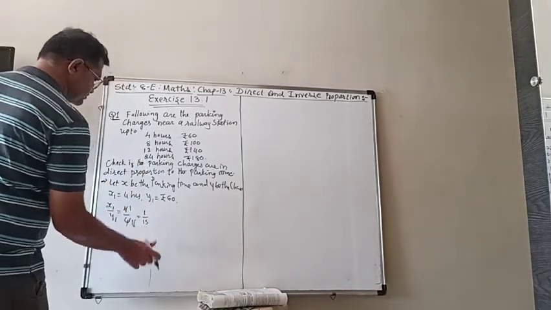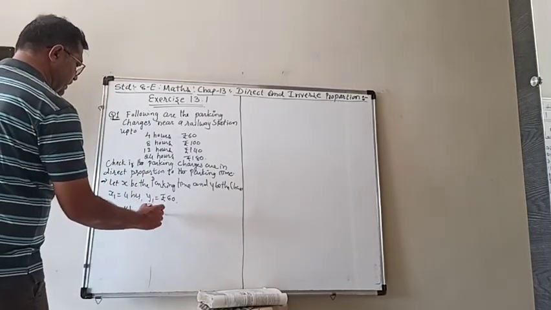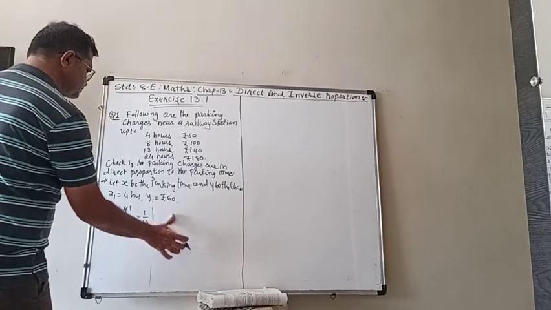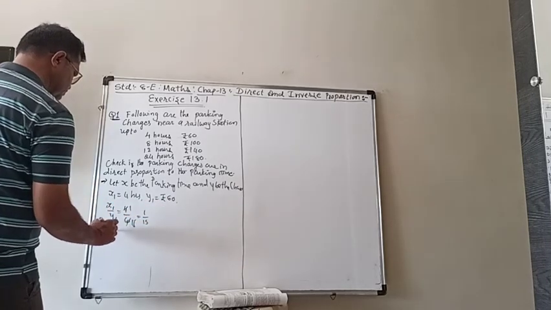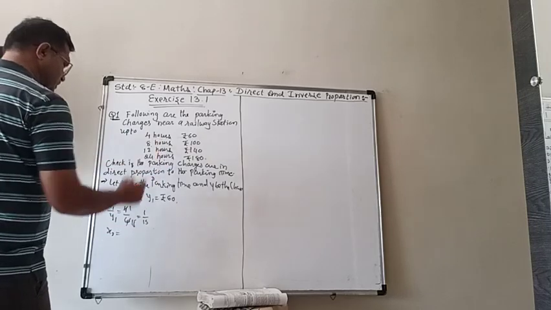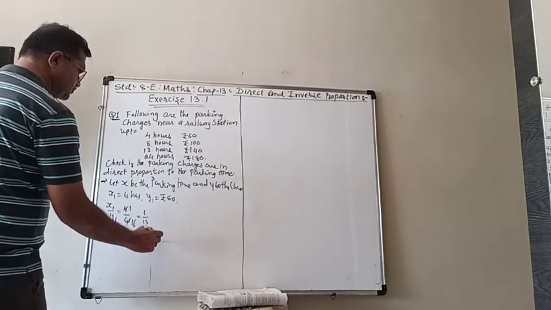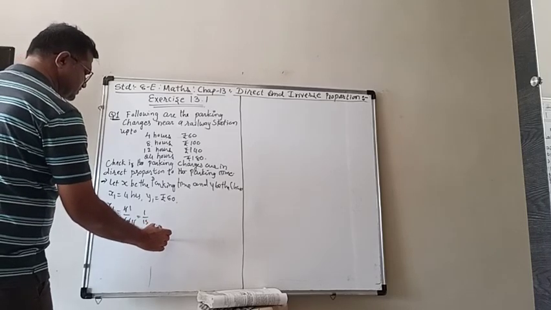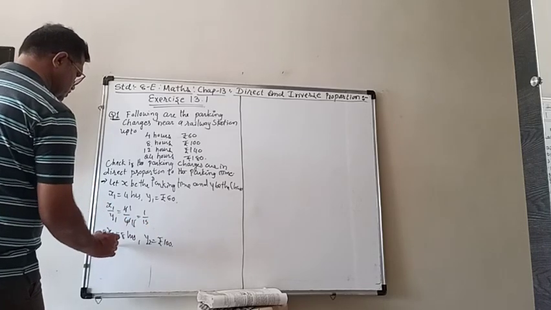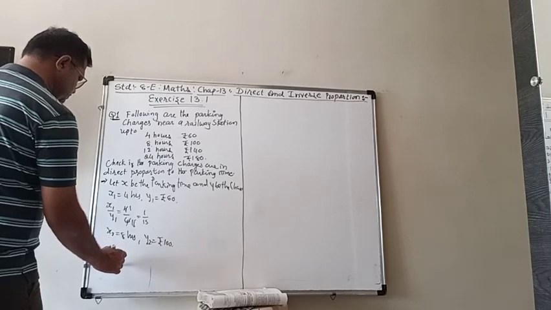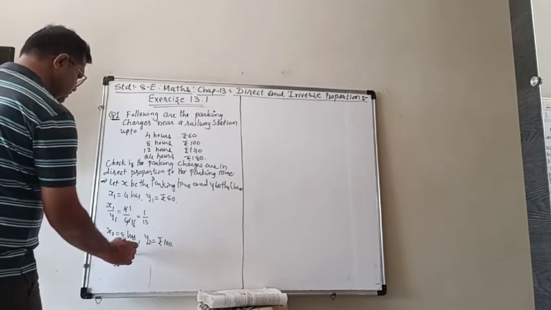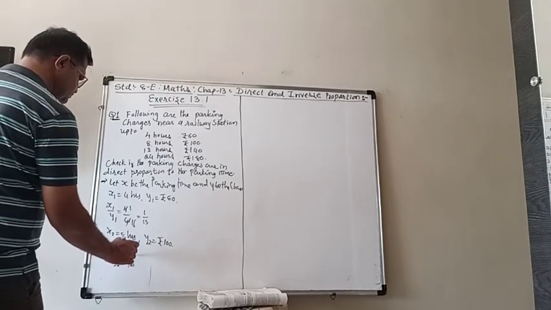Now if you take X2 is equal to 8 hours and Y2 is equal to rupees 100. So X2 upon Y2 is 8 upon 100.